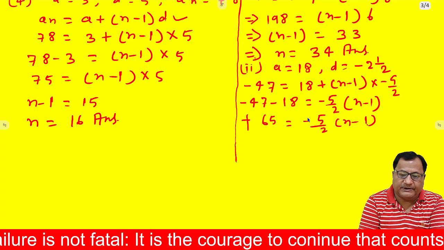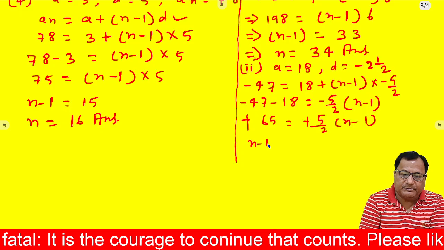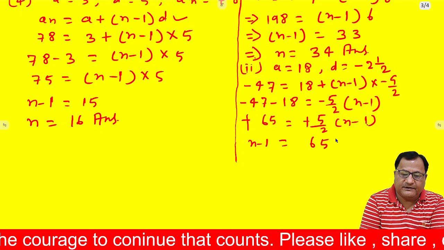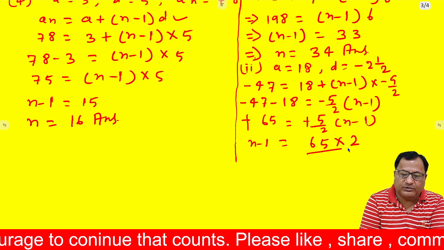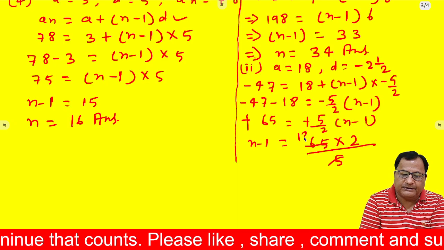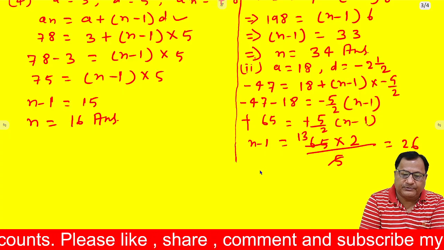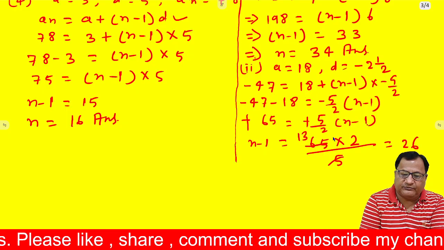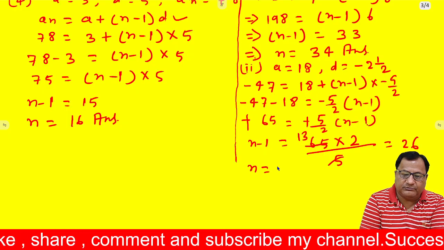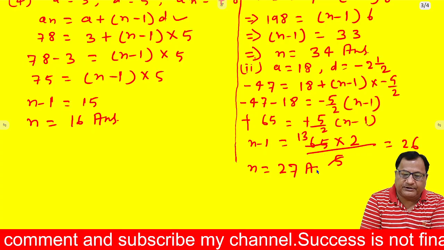Minus minus will be plus, then n minus 1 is equal to 65 into 2 divided by 5. 5 13s are 65, so it is 13 into 2, 26. Minus 1 will come this side, so this will be added. N is equal to 27. This is the answer.